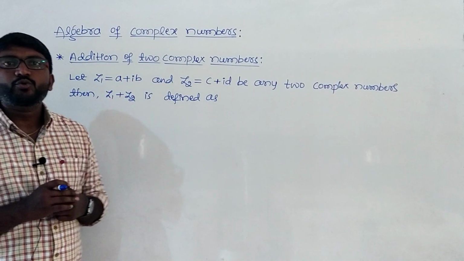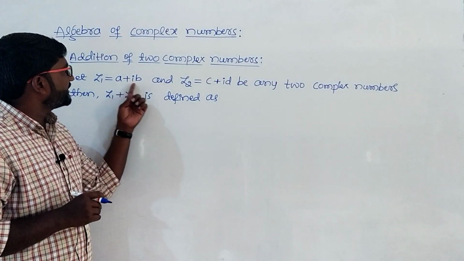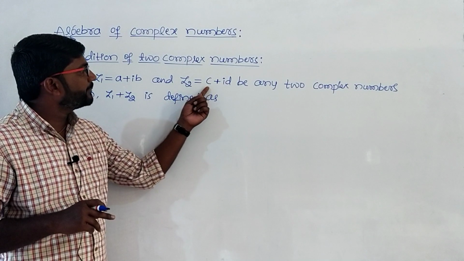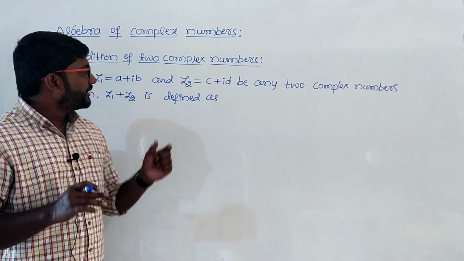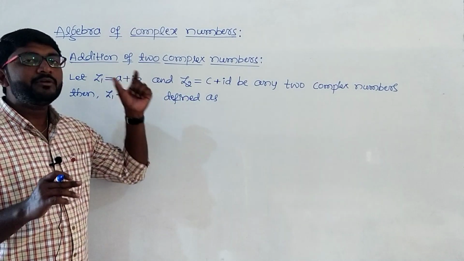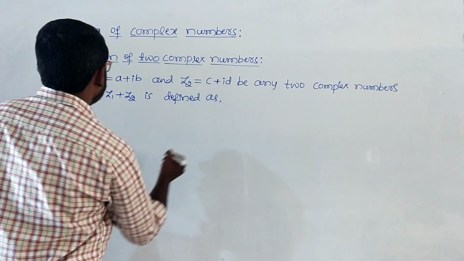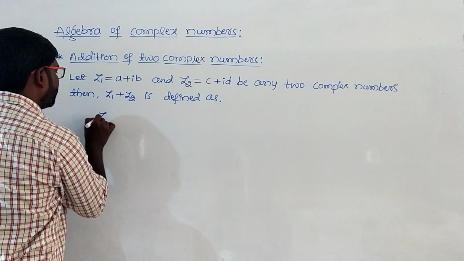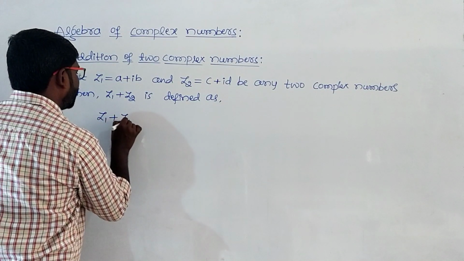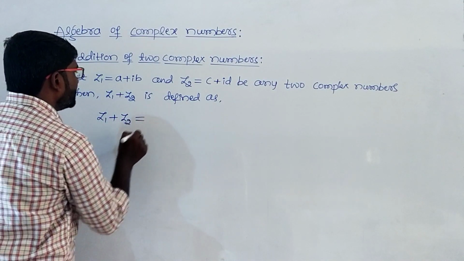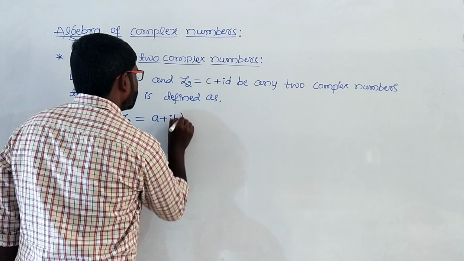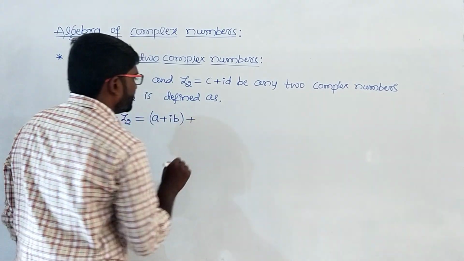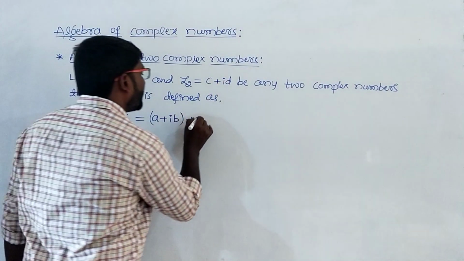I have taken the two complex numbers Z1 equal to A plus iB and Z2 equal to C plus iD. Now I am going to add these two complex numbers. Z1 plus Z2 equals A plus iB plus C plus iD.